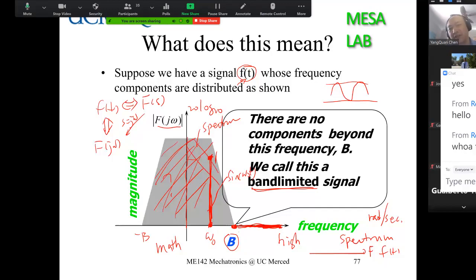So everything inside here is a band limited signal, meaning the frequency content goes to 0 at the corner here. This is usually true in practice. So that's before we do the sampling, okay?